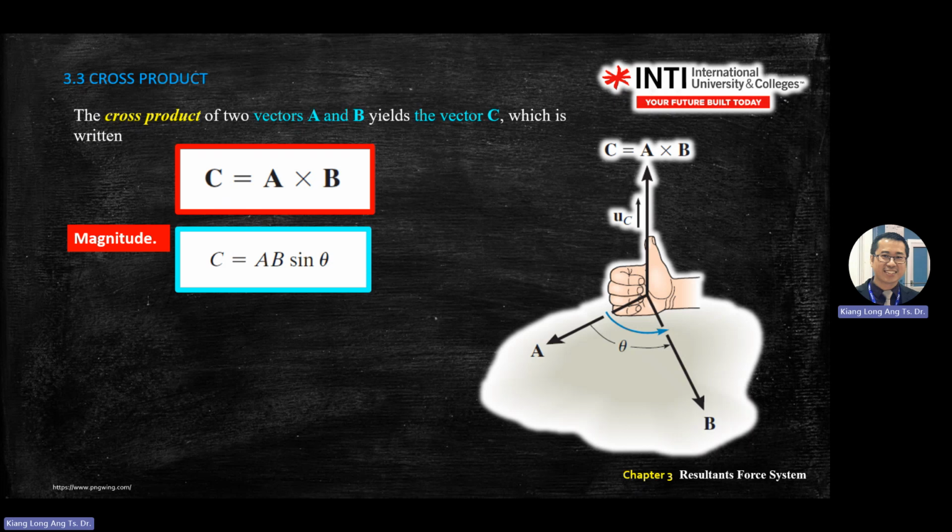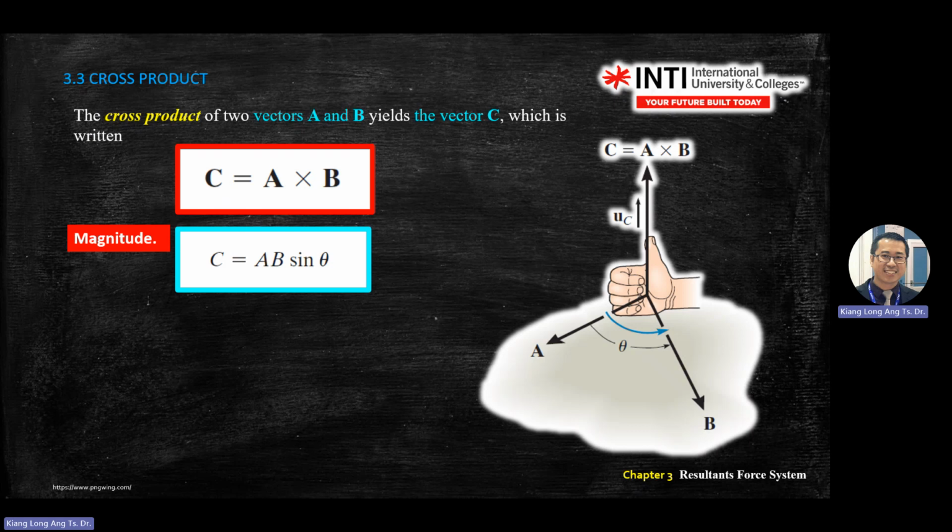You use it when they are on the same axis or same line. If you have an angle between A and B, then you use cross products.